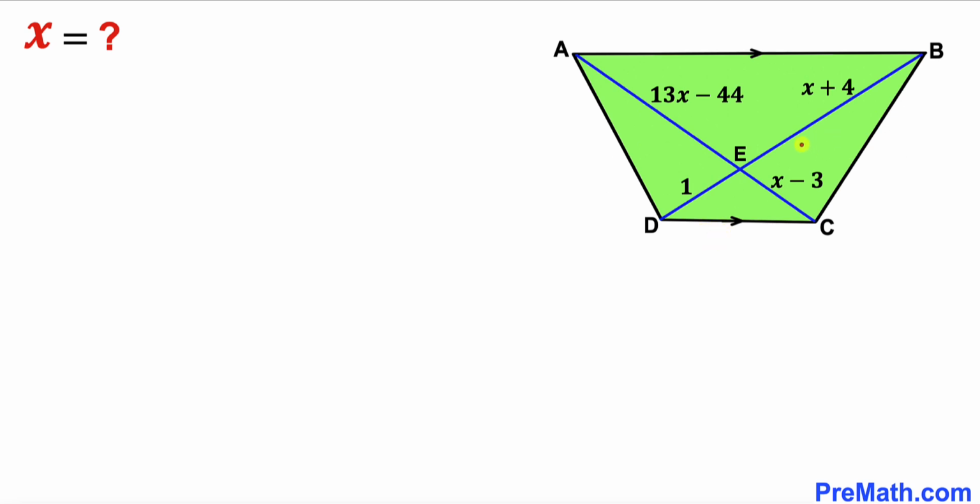And here's our next step. Let's focus on this diagonal BD. Let's assume that it makes an angle alpha with this base CD. Then this angle is also going to be alpha, because these are alternate angles. Likewise, let's assume that this angle is beta.